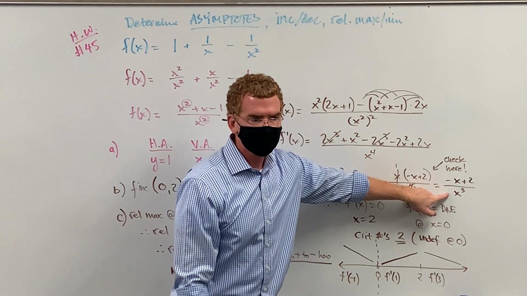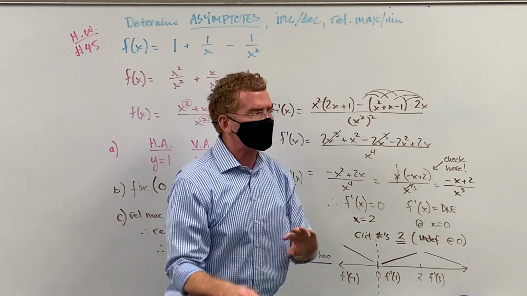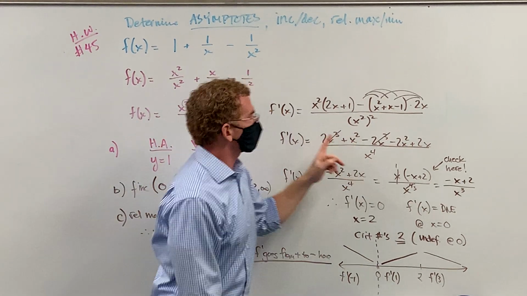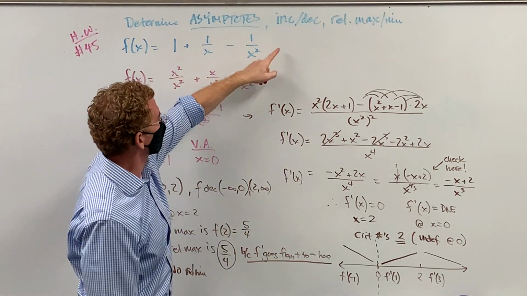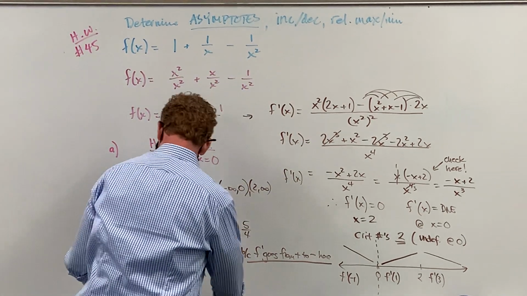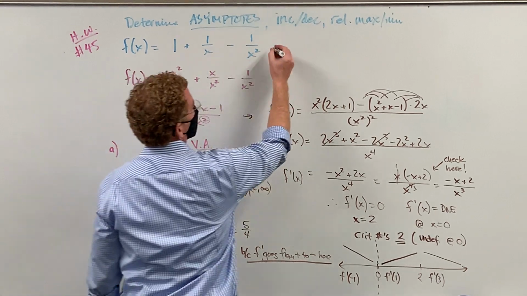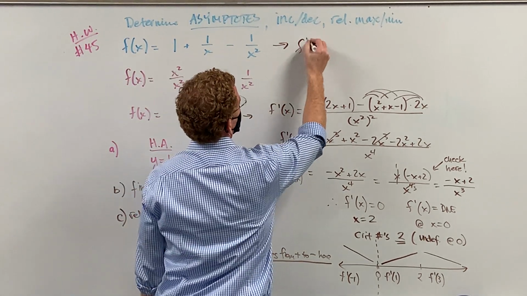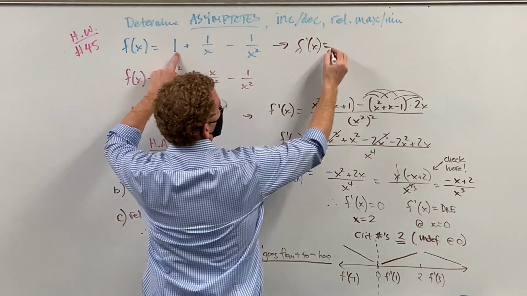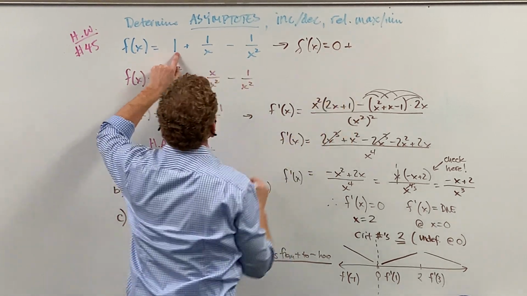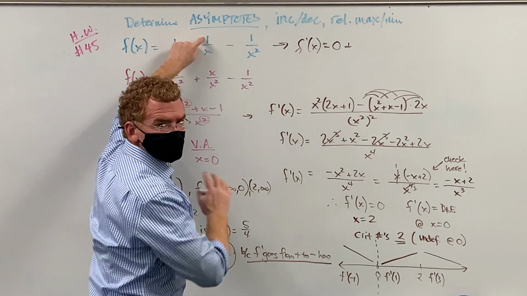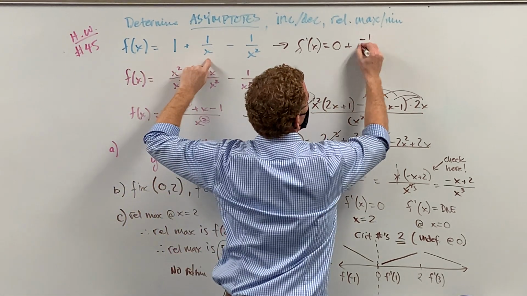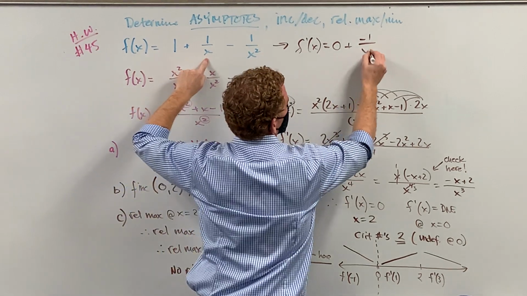Are you with me? But if you had done low d high minus high, actually it wouldn't have been 1 over x to the fourth, it would have been something x over x to the fourth. But if you had taken the derivative of this part right here and done it a different way, check it out. If I would take the derivative here, instead of this rewritten, I would have gotten this. 0, and then I would have gotten low d high, which is gone, minus high d low over low squared.